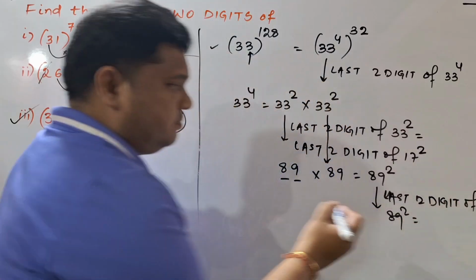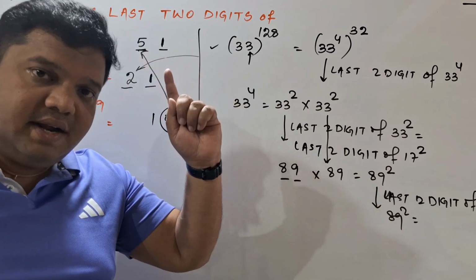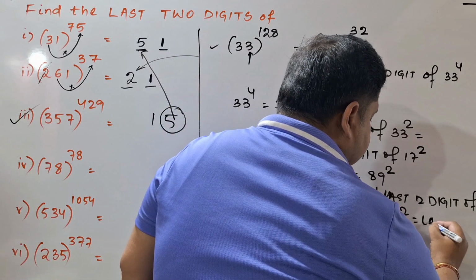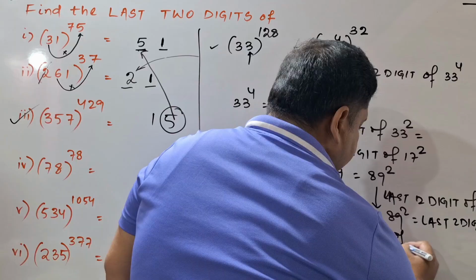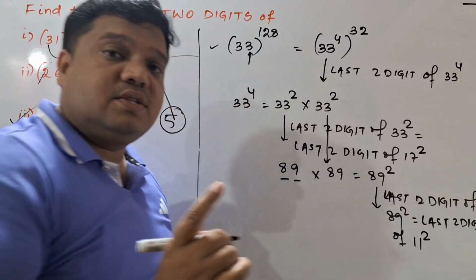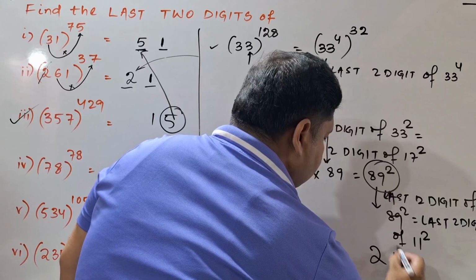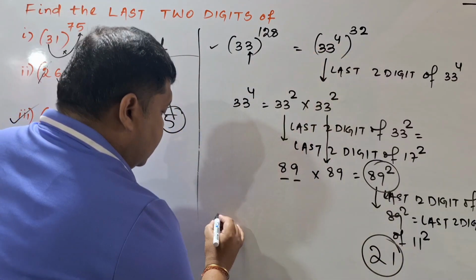It is visible, na? On this side. Okay, you have to cross check. 89 is close to 100. The gap is 11. The last two digits of 89 square are the same as the last two digits of 11 square. So 11 square is 121. So the answer for this one is what? 21.